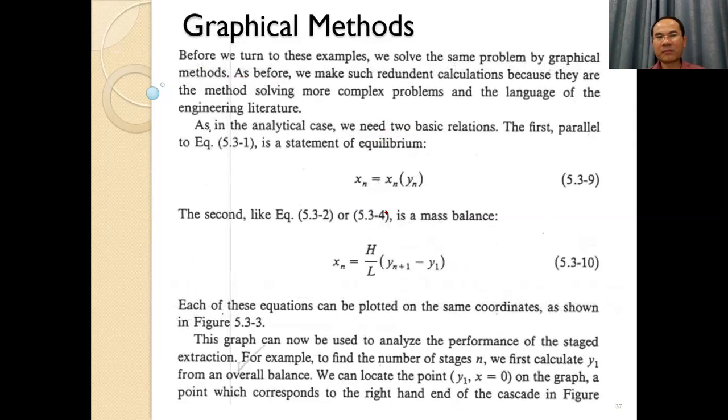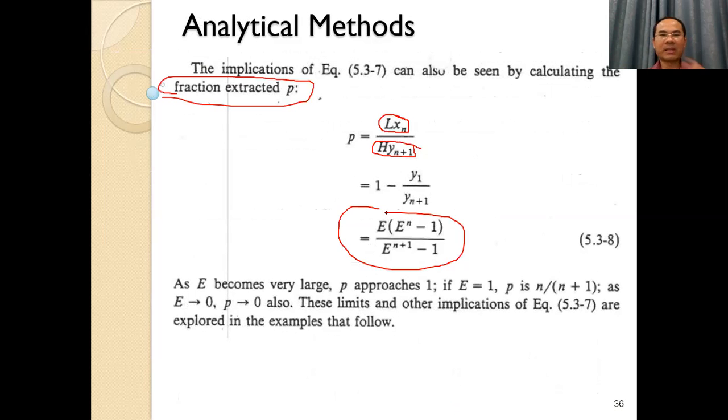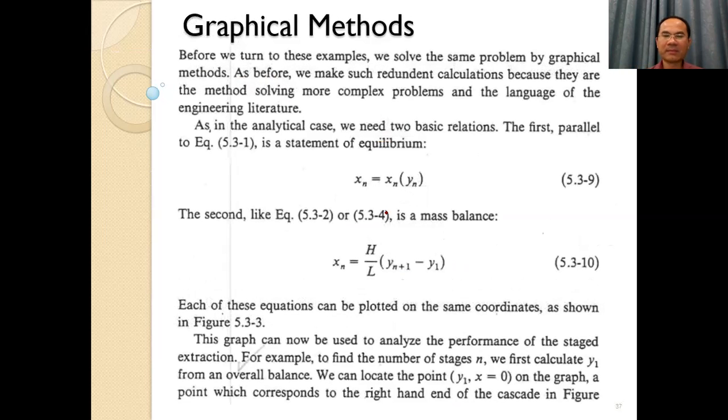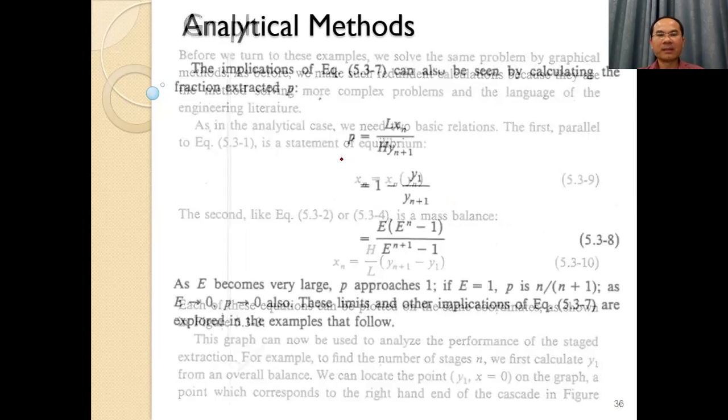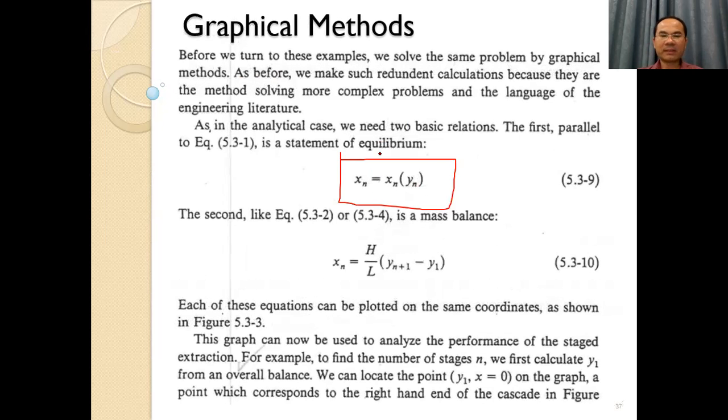Okay. For that case, we can use this as the graphical method also, when you utilize the analytical method. For the graphical method, we need two systems. Also, we need the equilibrium relationship, that's concentration of solute in the light phase.